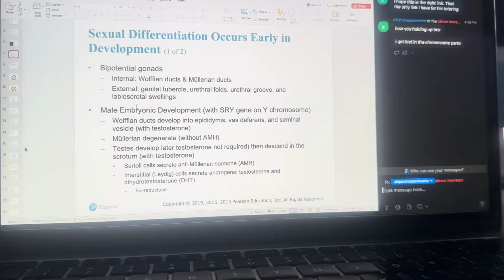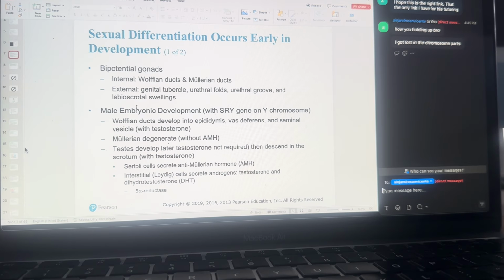Let's say the fetus is a male. The presence of the Y chromosome in all of the cells in that fetus is going to produce chemicals and hormones like testosterone and anti-Mullerian hormone, which will then degrade structures like the Mullerian ducts that would become female structures.